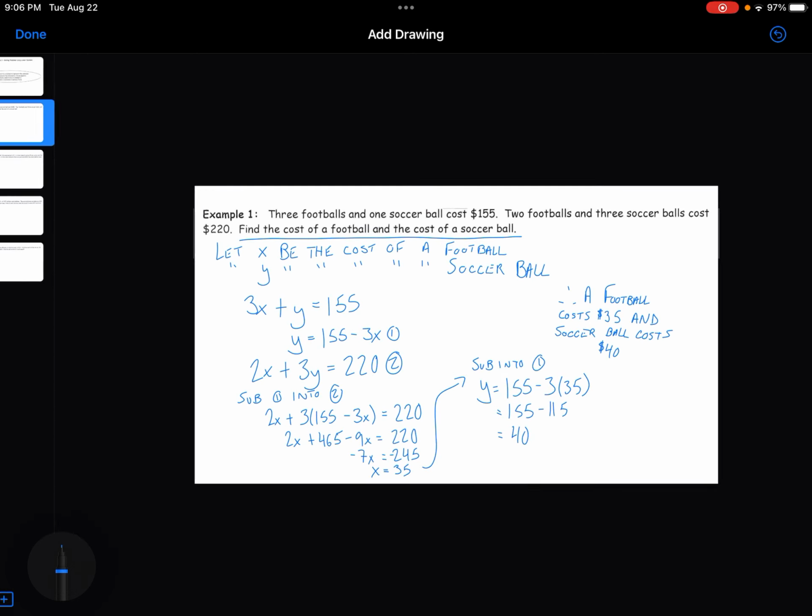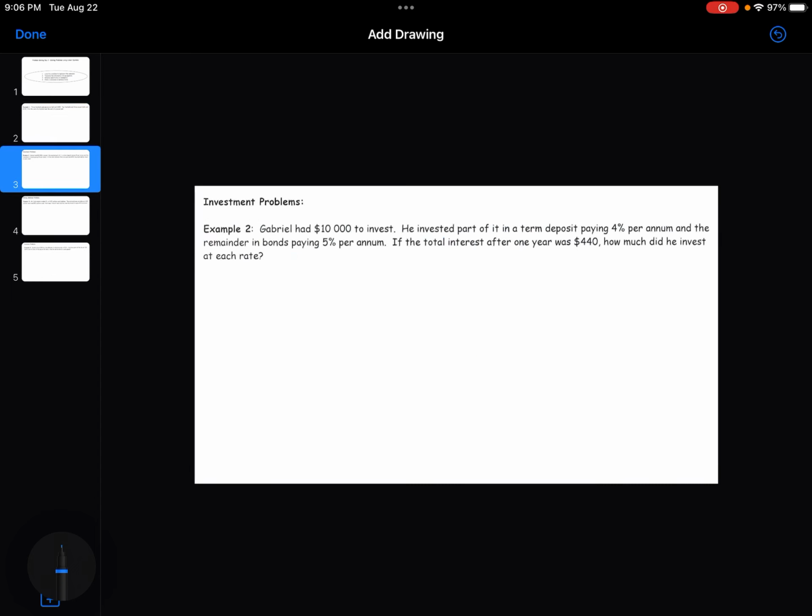Okay, so moving on to our next question. So looking at this, we've got Gabriel invests $10,000, excuse me. He invested part at 4% and part at 5%. Now what we need to recognize is as soon as we see a percentage, we need to change that into a decimal. So to change that into a decimal, we divide it by 100, we get 0.04.